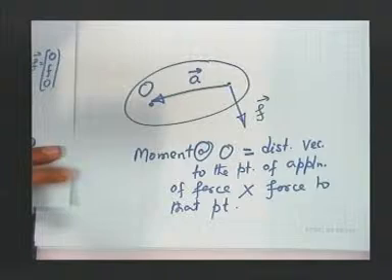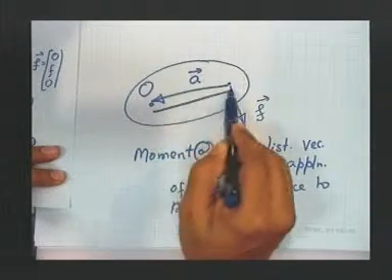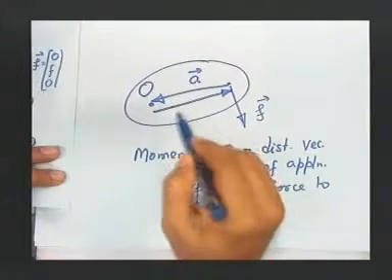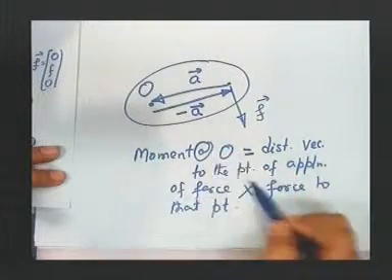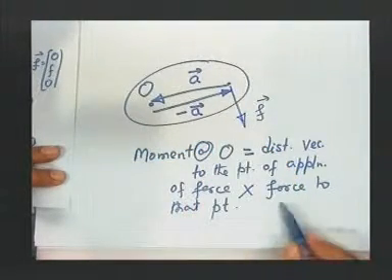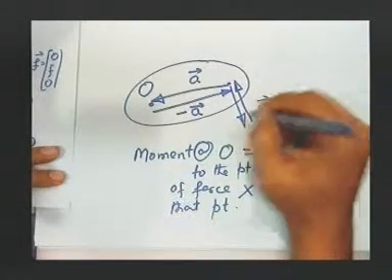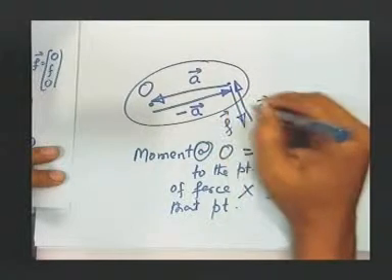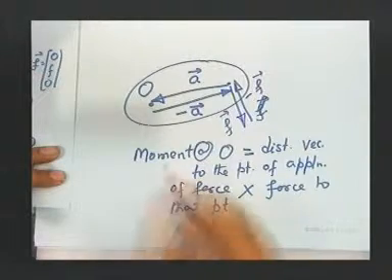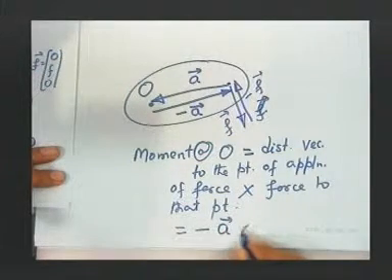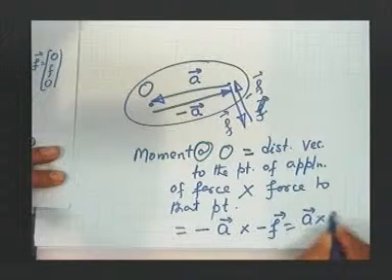So, this is my distance vector. This vector is actually minus of a. If this is a, as per my definition this is minus a. Then force to that point is this one. So, if this is F, this will be minus F. So, if I now apply as per our knowledge, minus A cross minus F, which will be A cross F again.